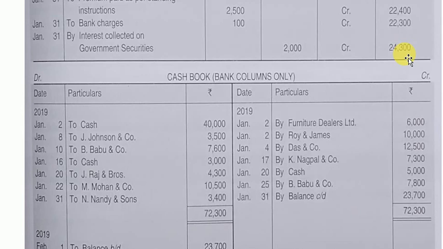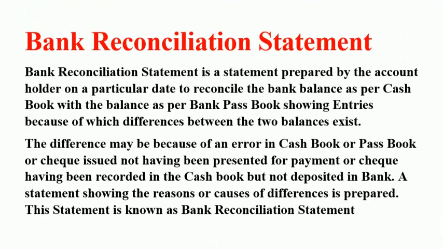That is what the meaning of bank reconciliation statement is. A statement which is prepared by the account holder on a particular date to reconcile the bank balance as per cash book with the balance as per passbook, showing entries because of which differences between the two balances exist.